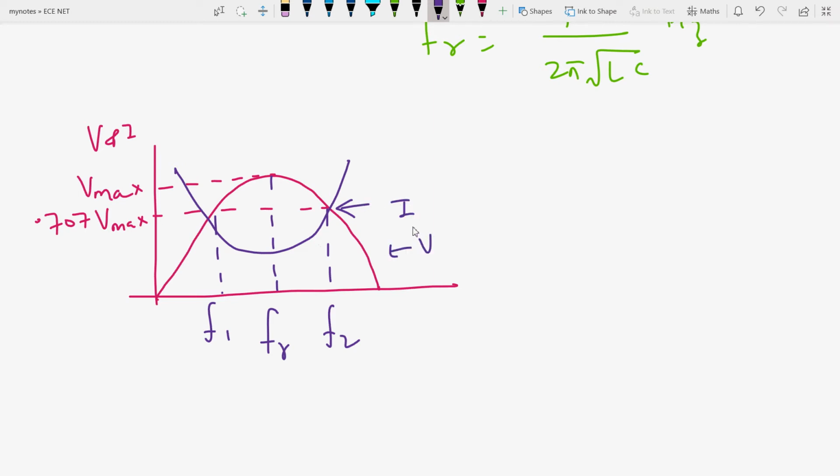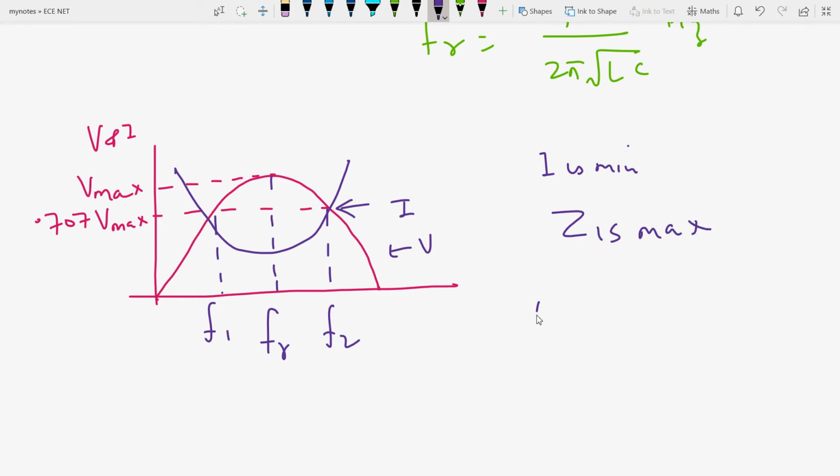So what happens in parallel resonance? Current is minimum and the impedance is maximum.